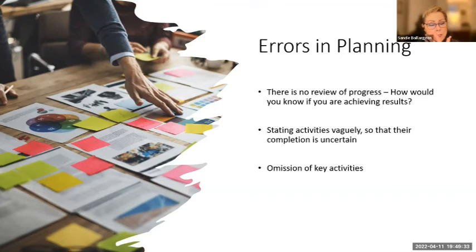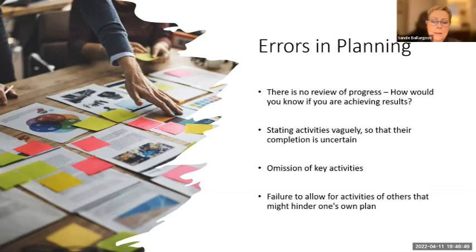Or if there's omission of key activities, for example, if somebody's in charge of reducing the accounts receivable and getting those 90-day accounts down, then they need time to do that, and they need time to spend on the phone, to send statements and things like that, to follow up with emails. Or a failure to allow for activities of what others might do that could hinder their own plan.